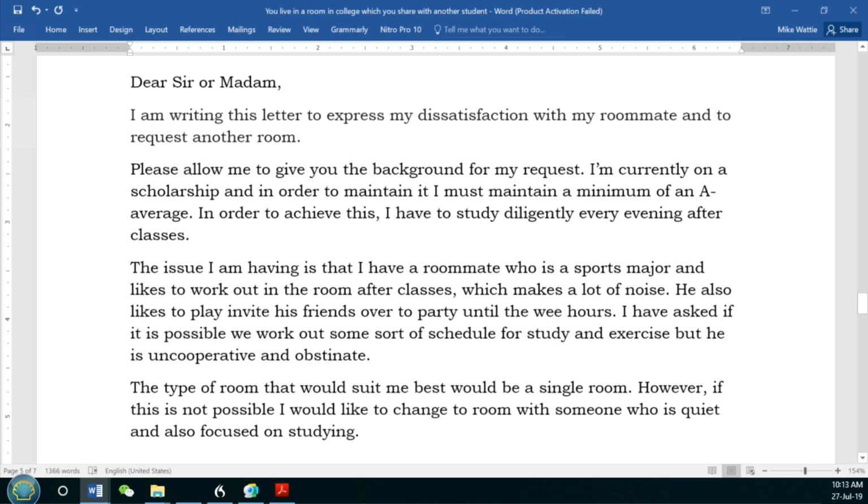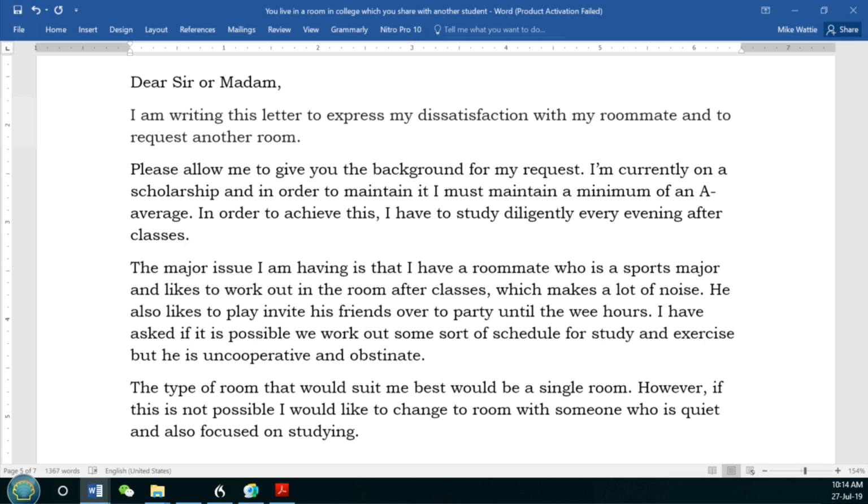Okay, then we get on to paragraph 2. We start with a signal to the reader that the paragraph is about problems. Let's change that to plural. Okay, so we start off with a signal that this paragraph is about the problems.